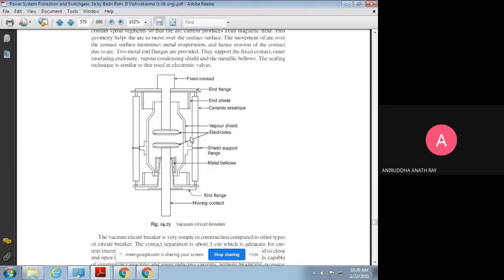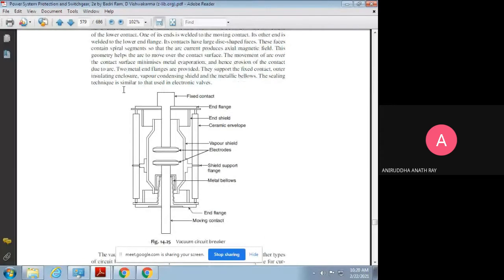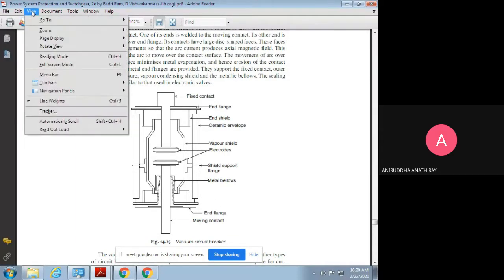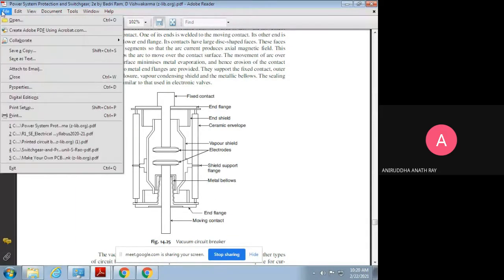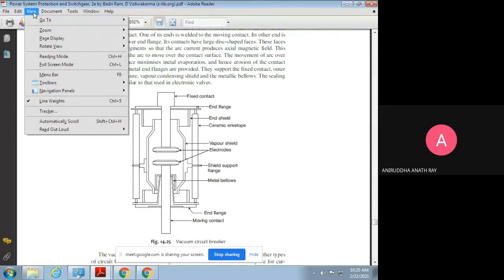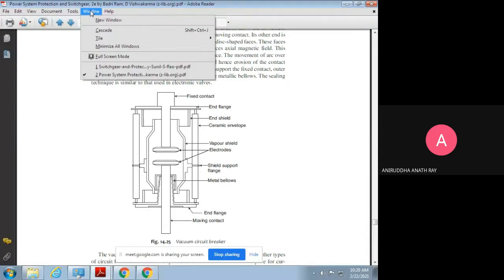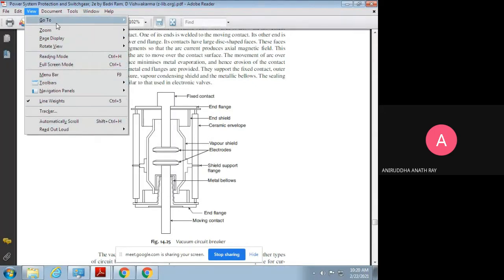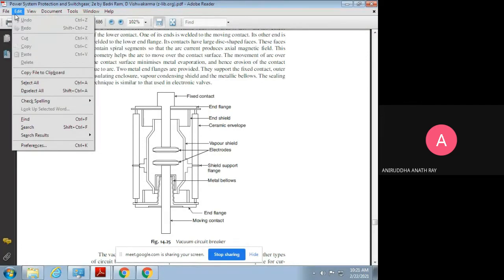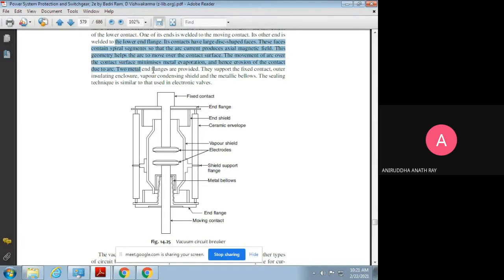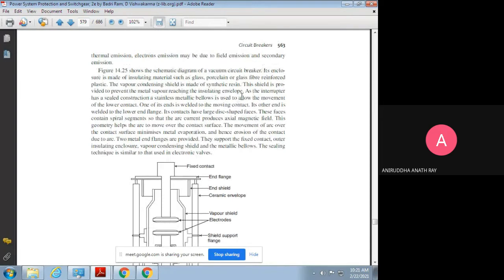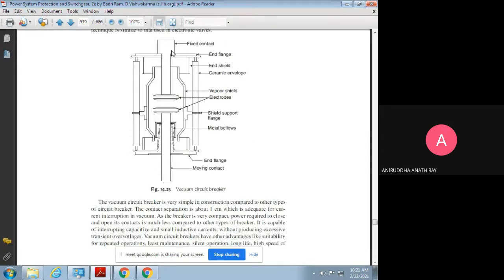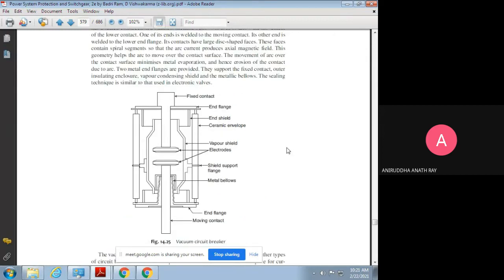Now, as you can see this figure, students, this is the figure of the vacuum circuit breaker, figure 14.2.